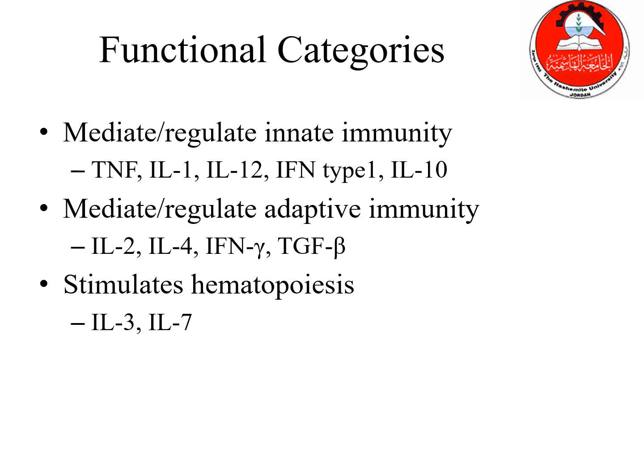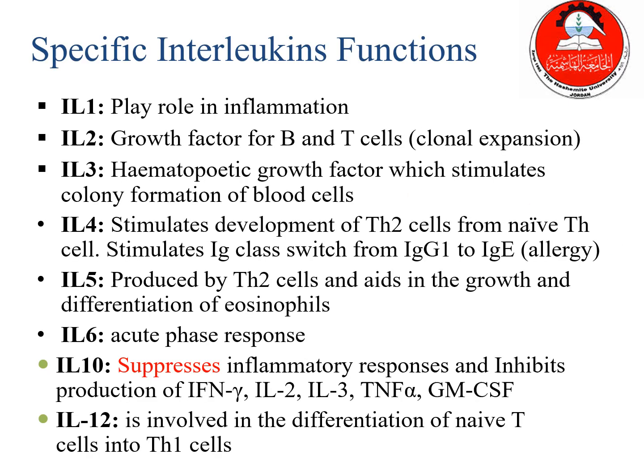Those which regulate the adaptive immunity include interleukin 2, 4, interferon gamma, and transforming growth factor beta. Those which stimulate hematopoiesis include interleukin 3, interleukin 7, GM-CSF and M-CSF, and the SCF factors as well.